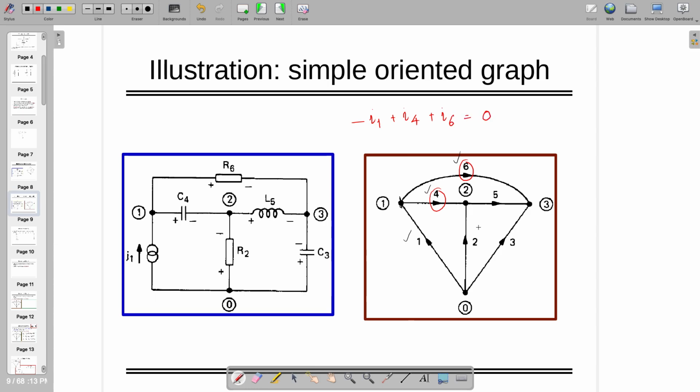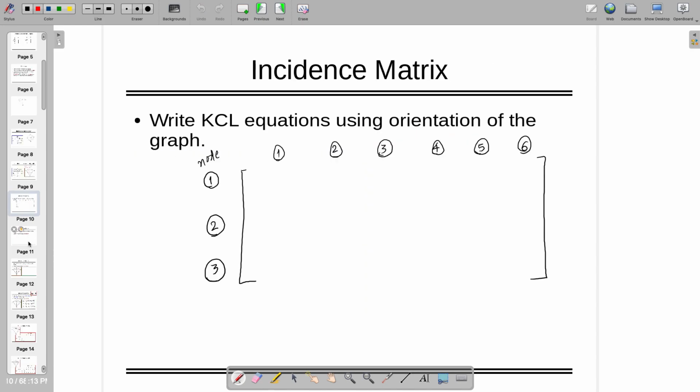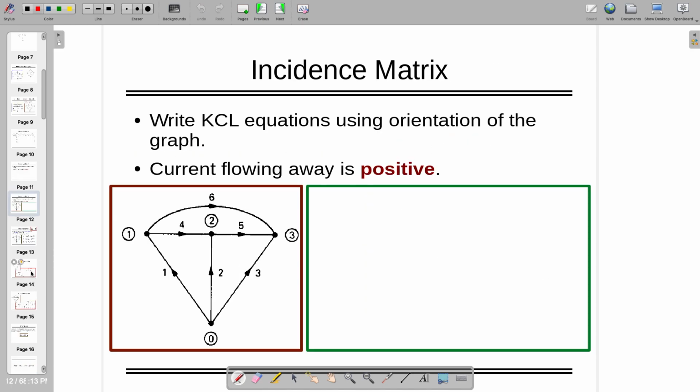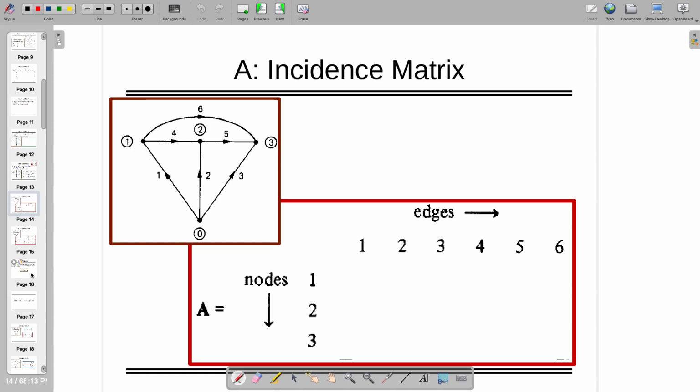For node number 2, is there anybody who can help me? Node number 2, minus I4 minus I5 plus I5 minus I2 is equal to 0. Similarly, you can write down the third node, which is going to give you the incidence matrix.